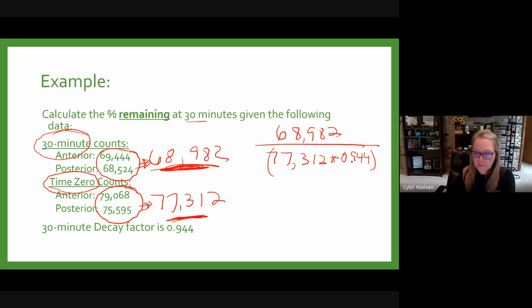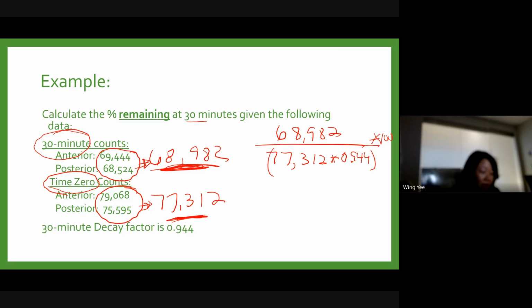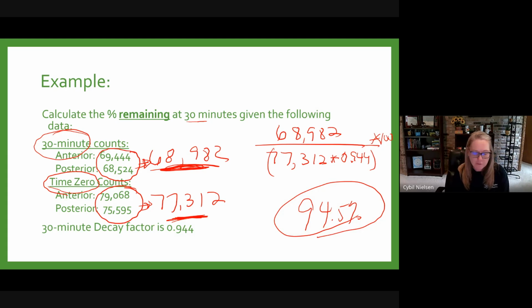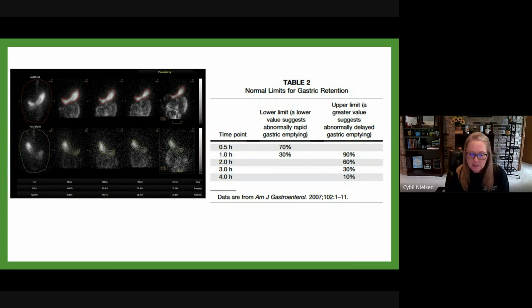All right, plug that in your calculator and let me know what you get. 0.94 times 100, 94.5%. Excellent. Okay, so that's 94.5% at 30 minutes. Is it normal? Between 70 and 100, so it's normal.